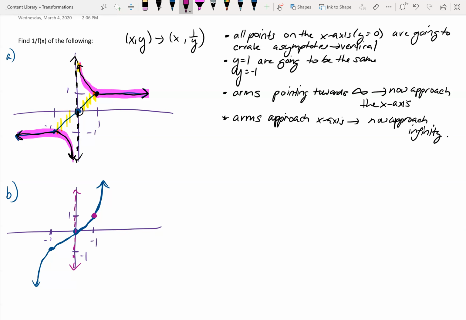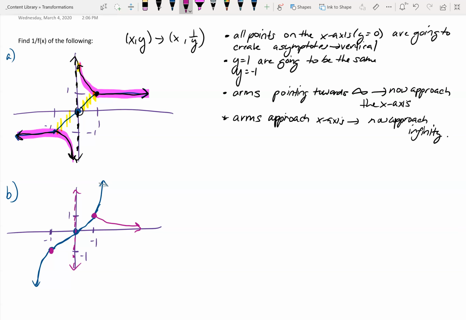So these 2 points are going to remain the same. Now it says arm pointing towards infinity, which is over here. Now it should approach the x-axis. Okay, so my arm that used to be here is actually going to approach our x-axis instead.